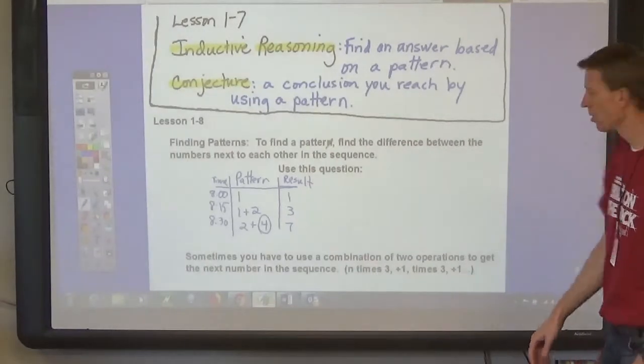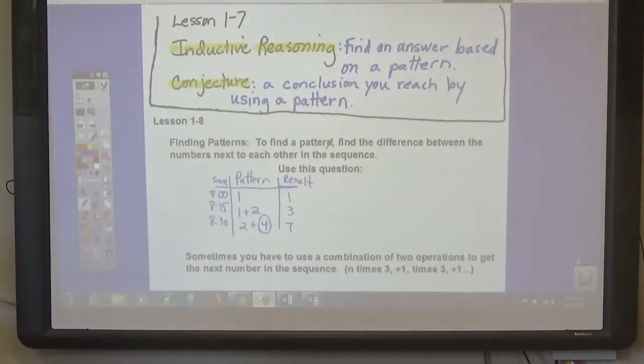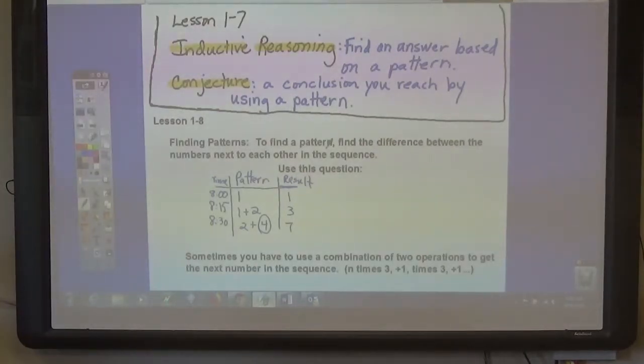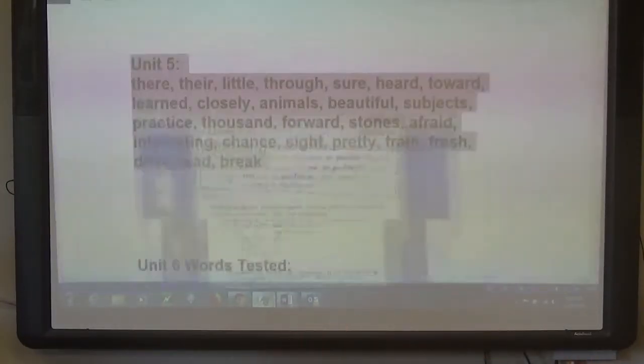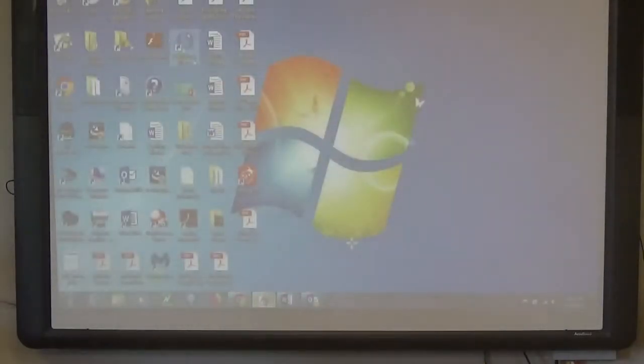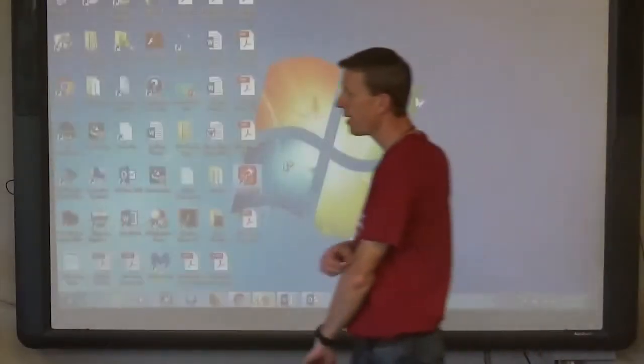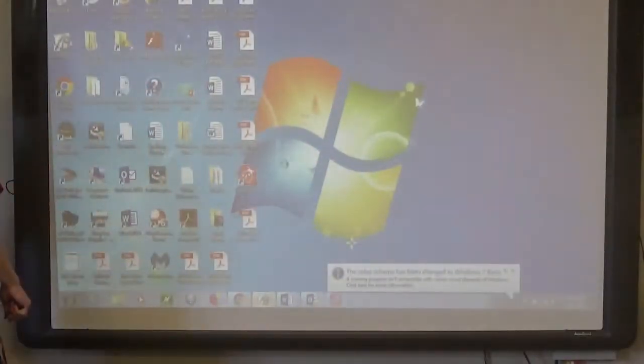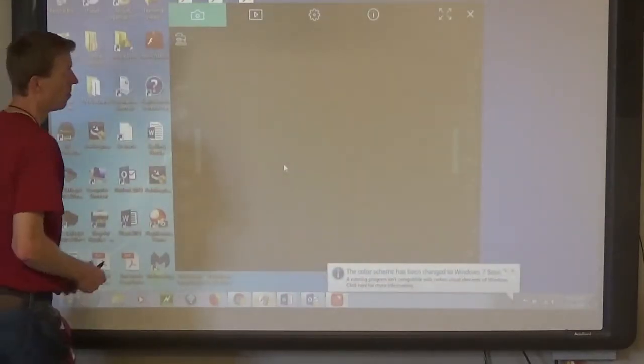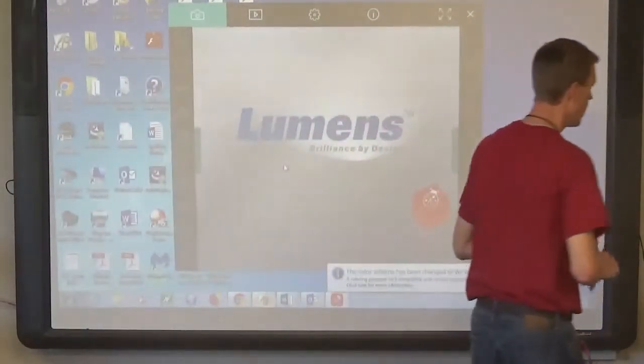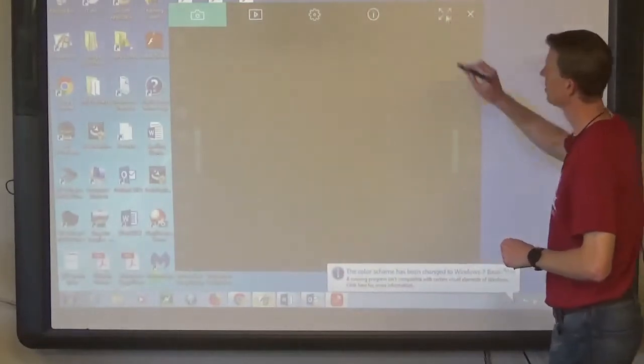Okay? So let's look at the sheet that I handed out. It says write a rule, and find the next three numbers in the pattern.